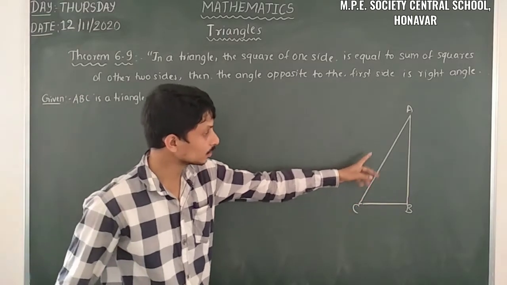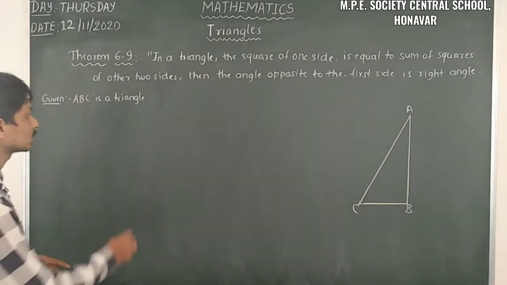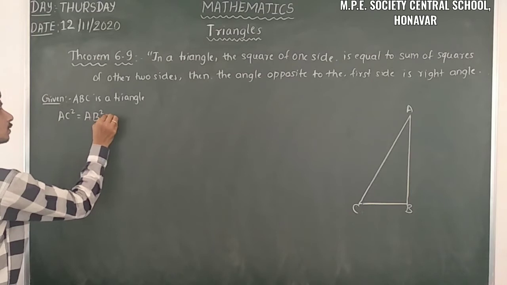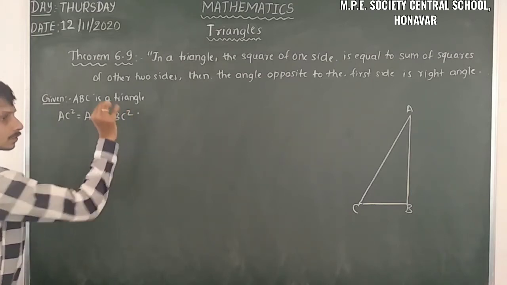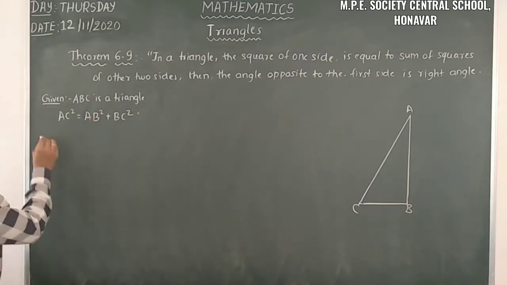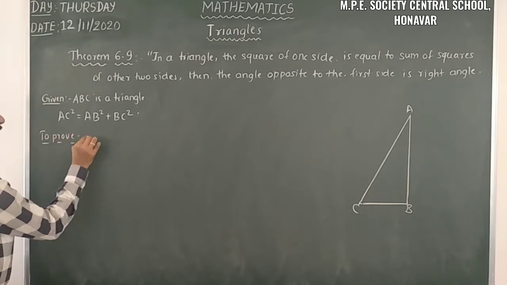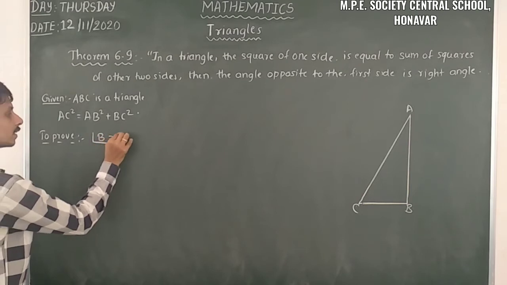Let us take AC square is equal to AB square plus BC square. And what we have to prove here? To prove: angle B is equal to 90 degrees.